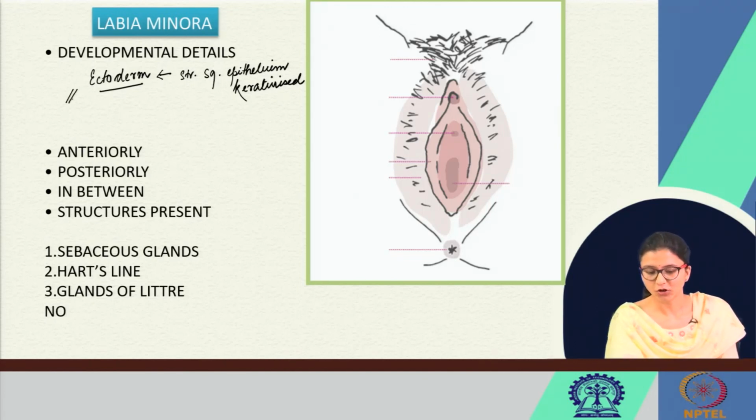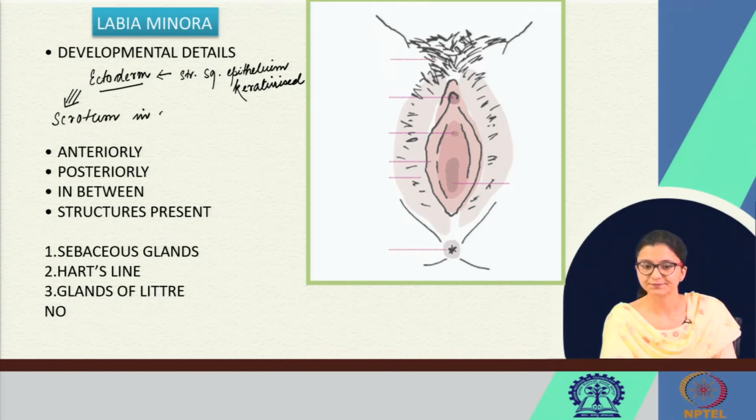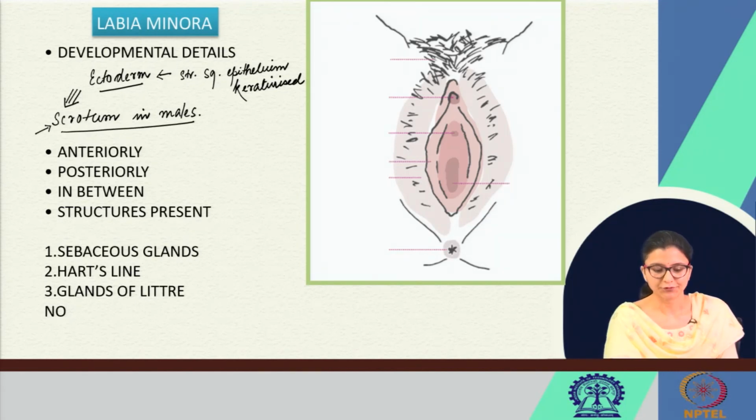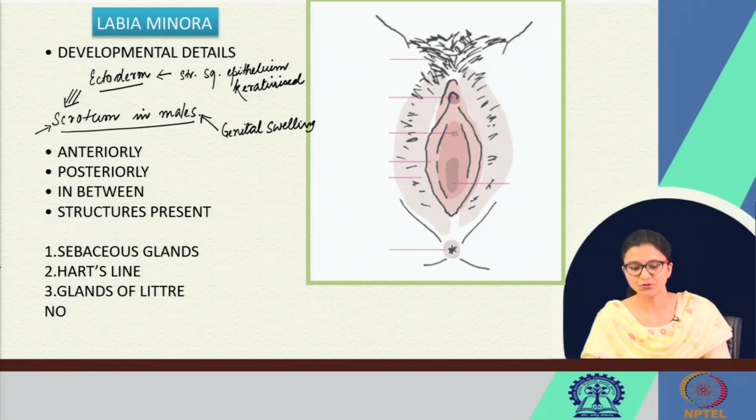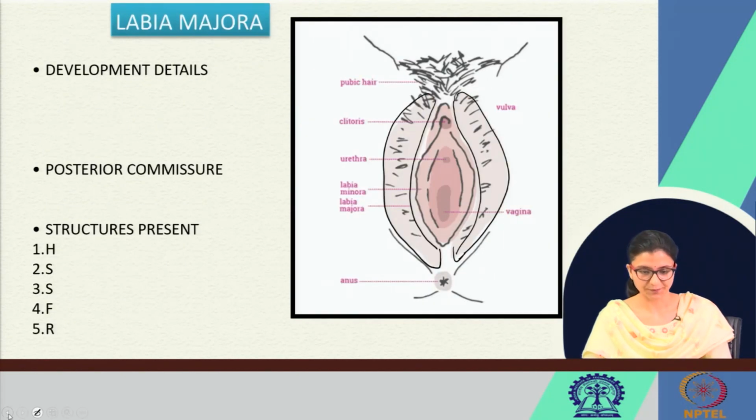This is homologous to the scrotum in males. Developmentally, both develop from genital swelling. In males, it develops into scrotum. In females, it develops into labia majora.